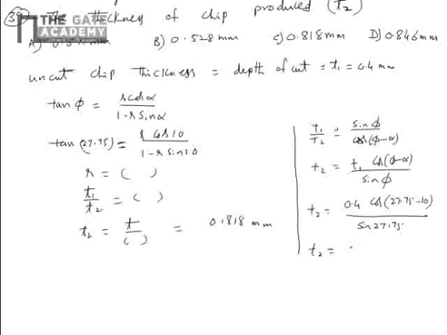Substituting, directly you will get 0.818 mm. So the answer is C. Simple, but you need to know which formula to use when. If you practice the problems, then it is easy.